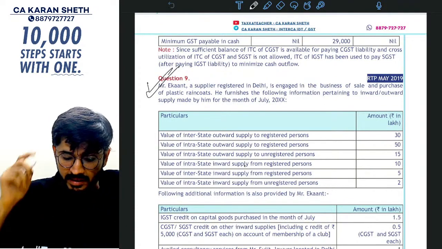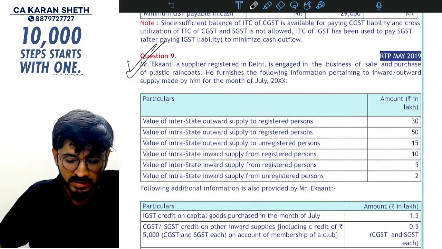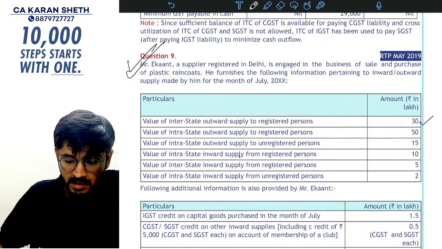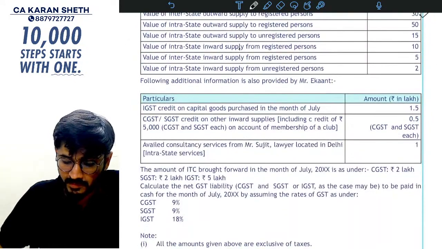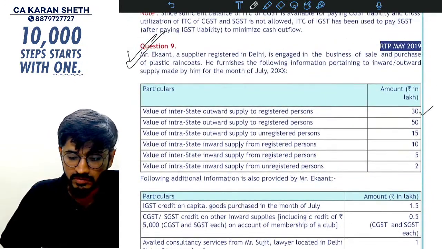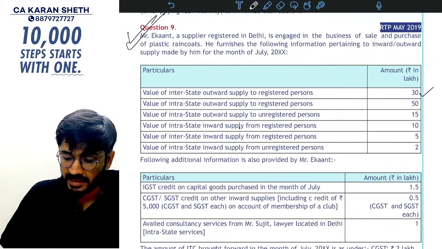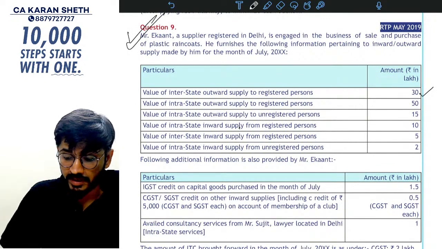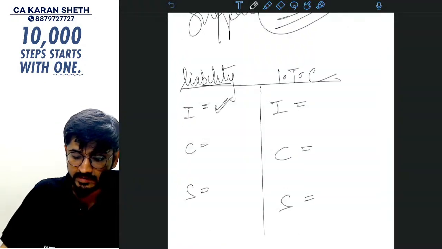देख, इंटरस्टेट आउटवर्ड सप्लाई टू रजिस्टर्ड पर्सन दिख रहा है 30 लाख. यस, ओके, उसका 18% GST रेट. ओके, सो 30 लाख मल्टीप्लाई बाय 9%. ओके, sorry, 18% is 5.4 lakhs.